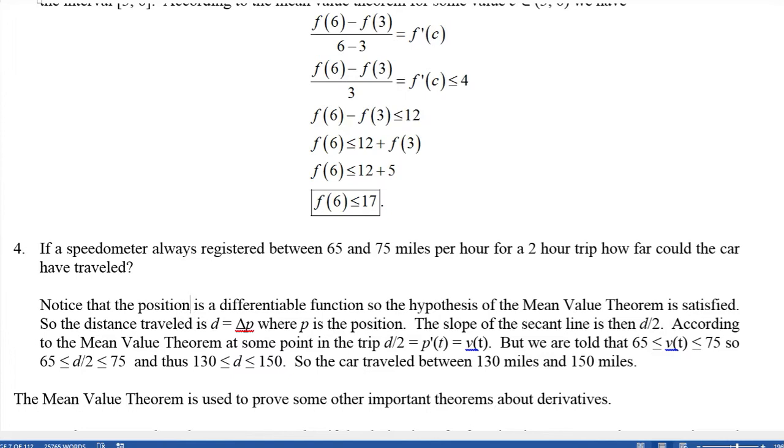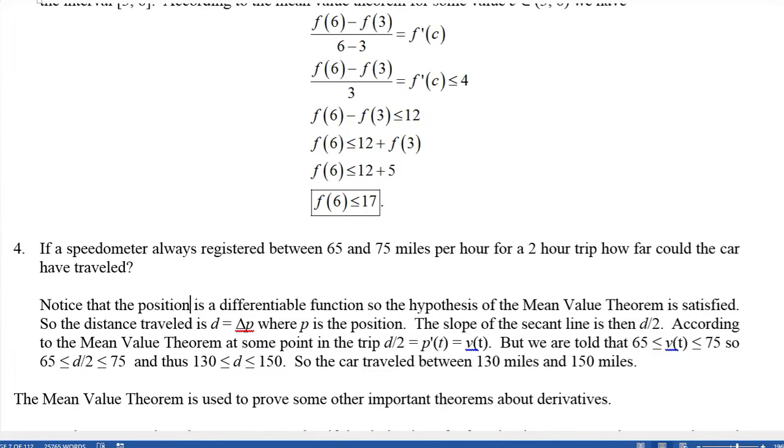Since the distance traveled is the change in the position, where p is the position, so d is delta p, the slope of the secant line is delta p over delta t, which is d over 2. So d miles over 2 hours is the slope of the secant line, the average rate of change.